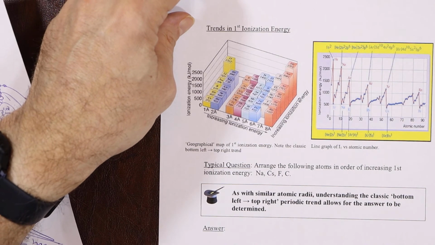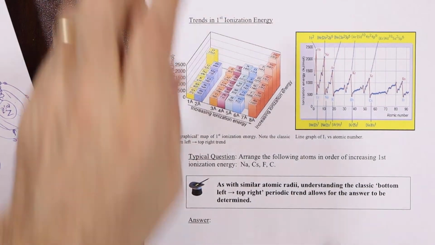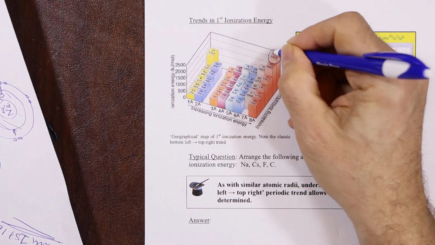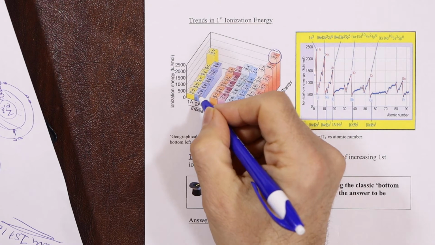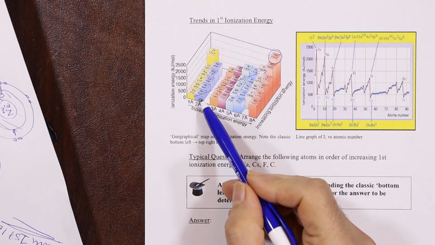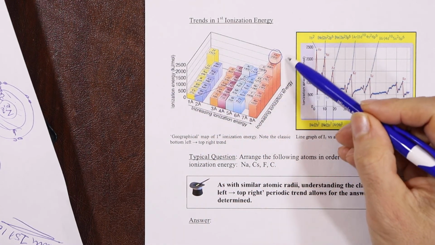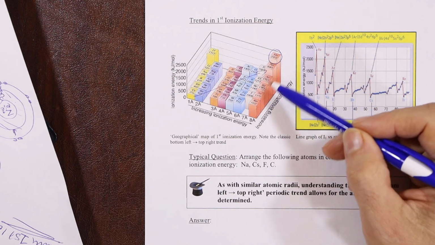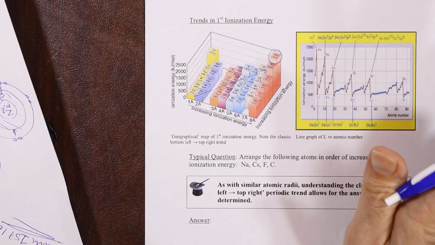Now, interesting news is that because we're just removing electrons from atoms, it doesn't matter what atom. So actually the highest in nature is a bottom left to top right trend, just like electronegativity, but the noble gases are included. Important distinction: electronegativity only applies to things that can make bonds.